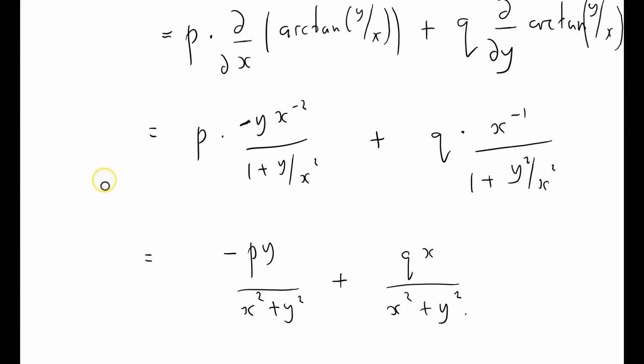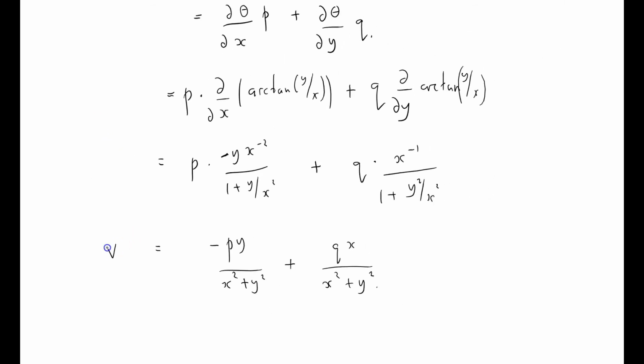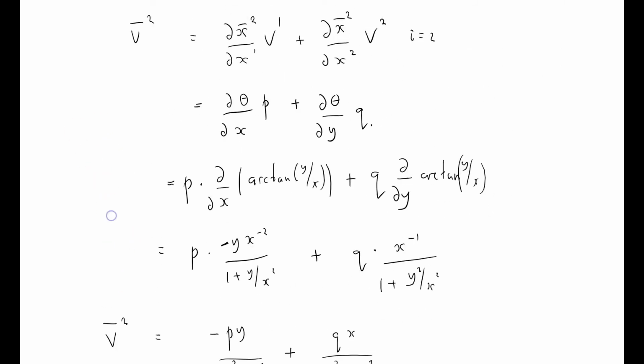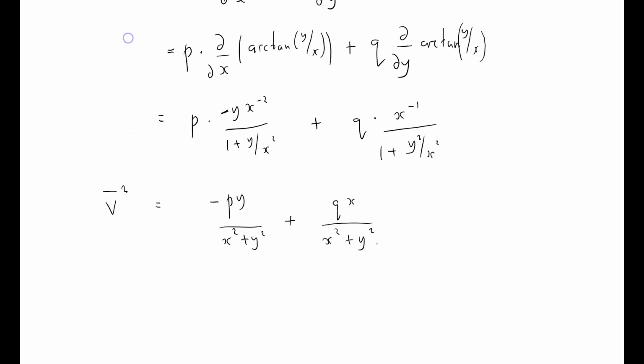Well, there it is. Those are the two components. This is going to be v bar 2, which is equal to this one, and v bar 1 was equal to p. I guess I'll write it down here again. V bar 1 equals p. And again, if you start thinking about where the vectors are, what the basis vectors look like, if you've got this h theta system here, where is the vector eh? The vector eh is moving in that direction there, because you're changing h from here to a little bit more, but you're not allowed to change theta.